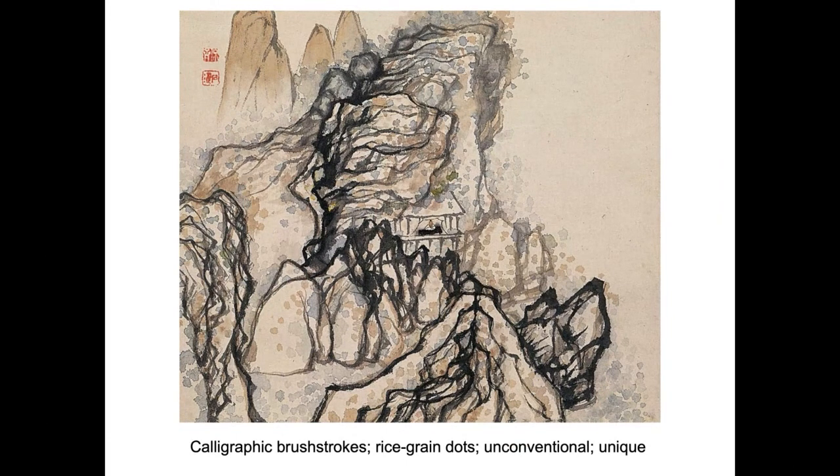If you see this, the brush strokes are really interesting. It's dark, but it's not like the ink smudges as we've seen in Bada Shanren. It's calligraphic in a way, but it's not really descriptive. So totally unique. So in the Qing Dynasty, many artists wanted to create their own eccentric or unique styles.